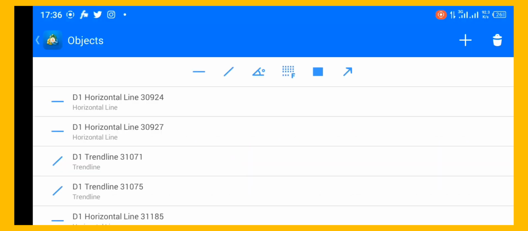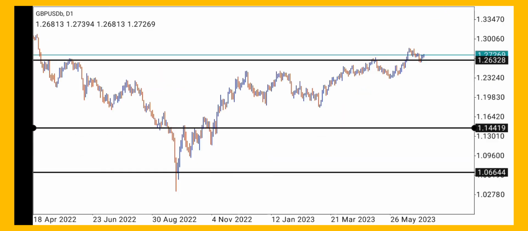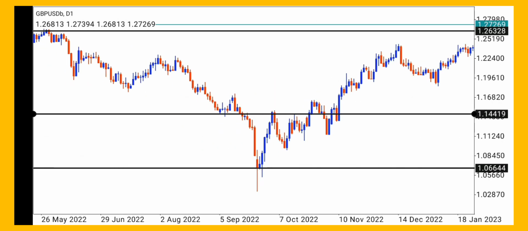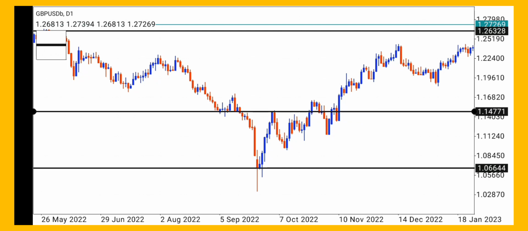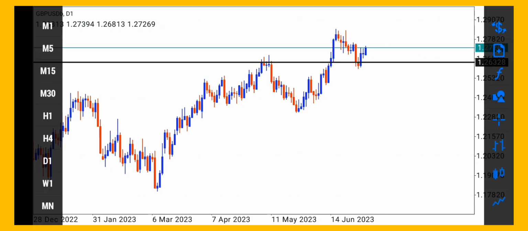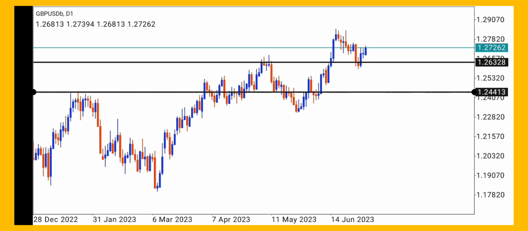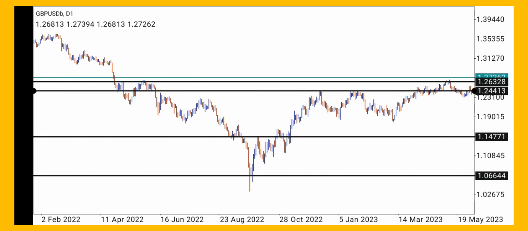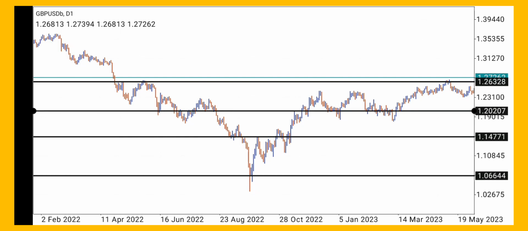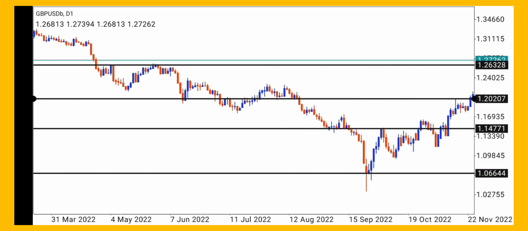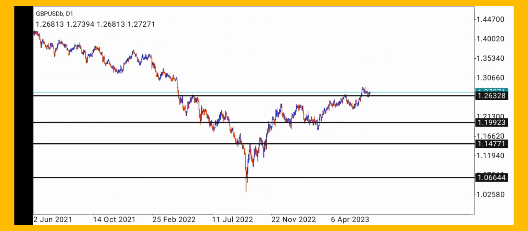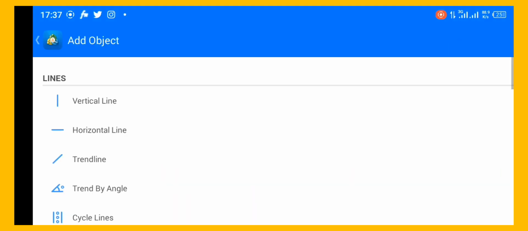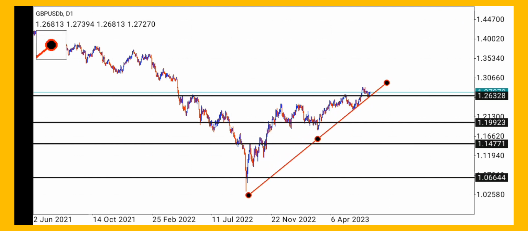So yeah, let me do this real quick. Now we are seeing that the GBP USD has been on a bullish run.